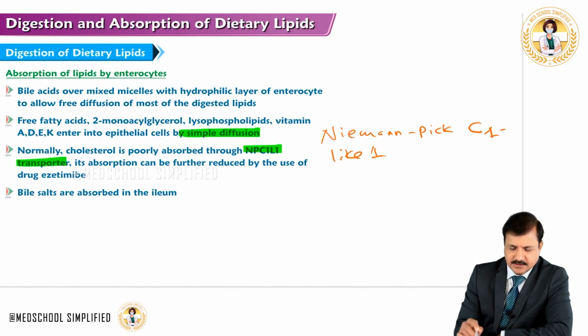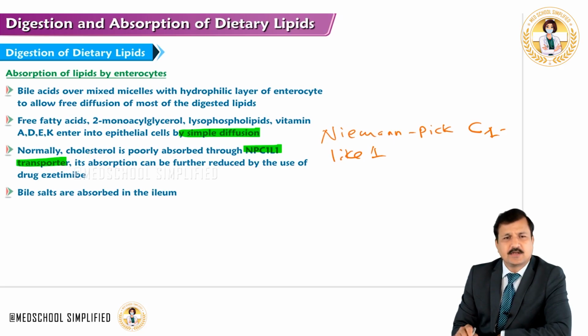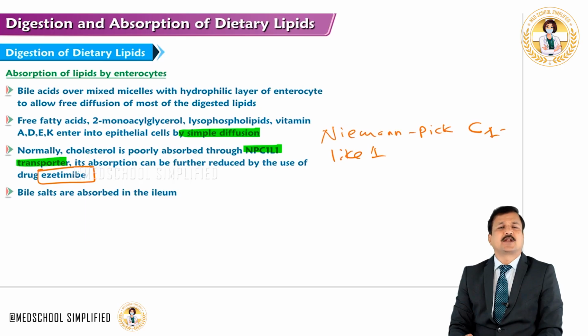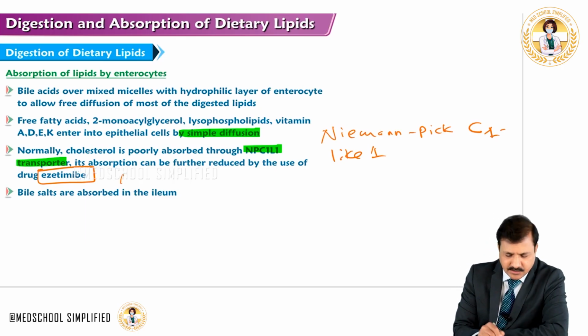That is the name of the transporter. And this NPC1L1 is inhibited by a drug called ezetimibe. So ezetimibe is an inhibitor of NPC1L1 and it is used in the treatment of hypercholesterolemia.